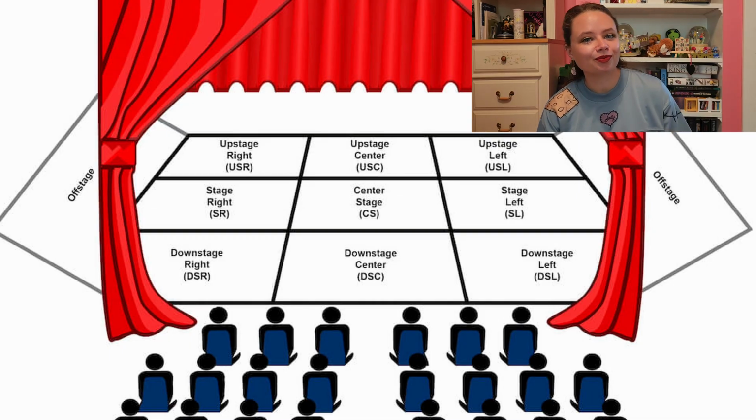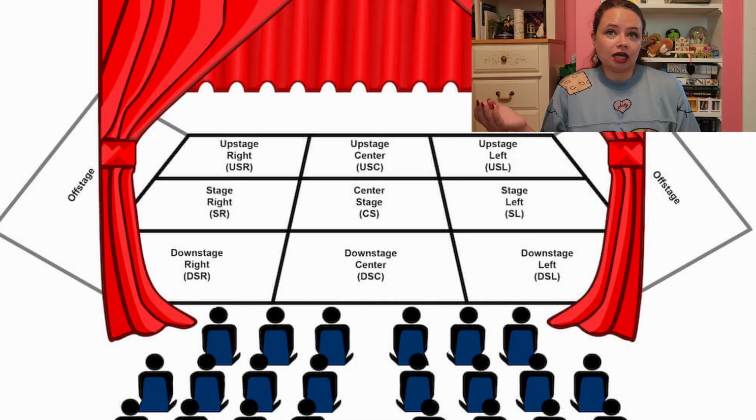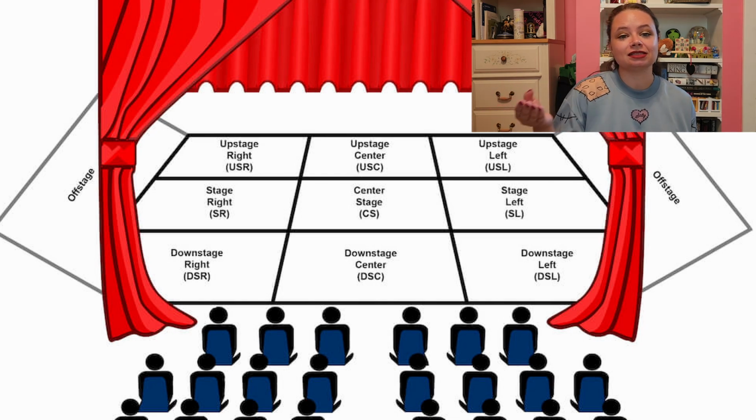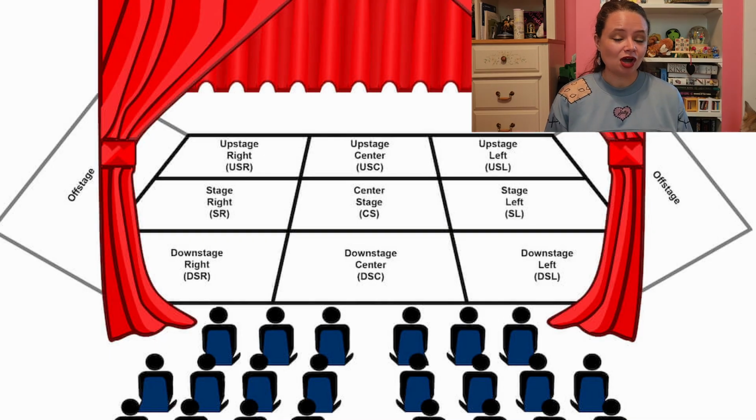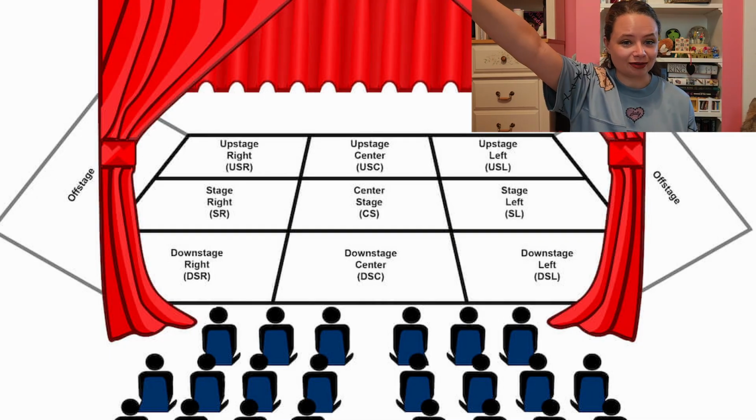So, you say the actor's blocking is, he moves downstage right and quickly exits stage left. Great. But that's not how it's told to him during the blocking. He's just told, all right, go this way, you're going to go that way, and then quickly exit that way.